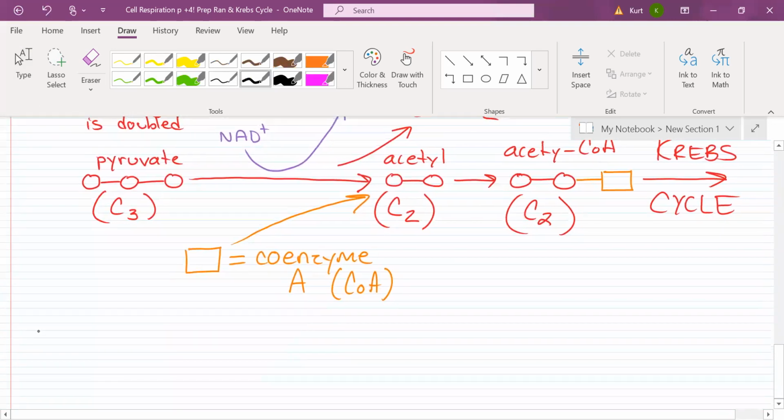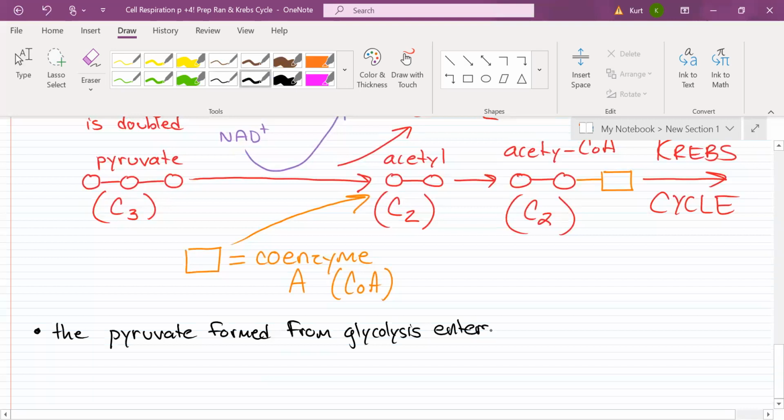All right, so the pyruvate formed from glycolysis enters the prep reaction in the mitochondria.